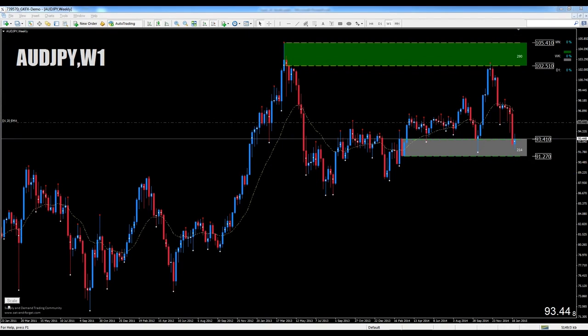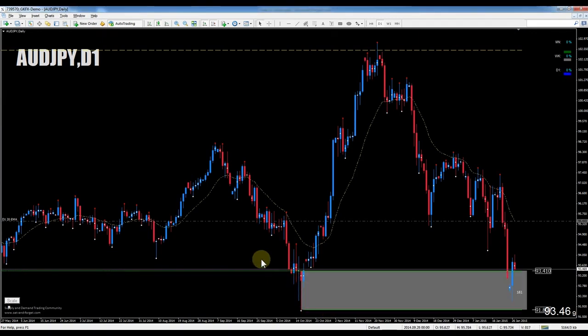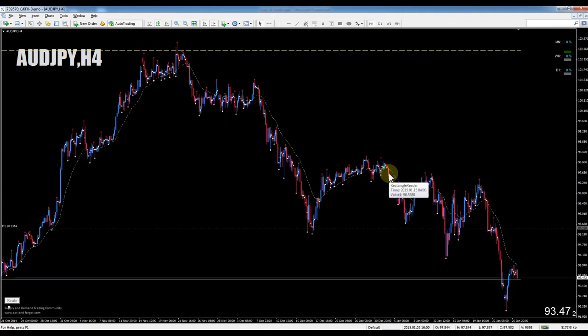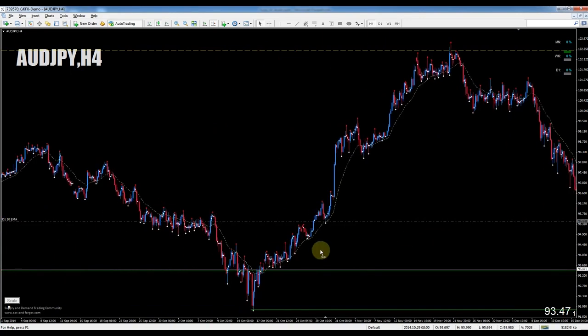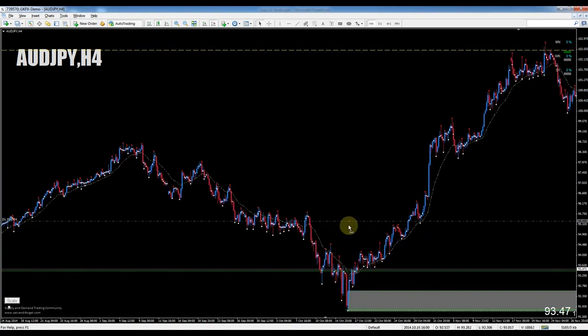When price drops into this area of supply or demand on the weekly, we drill it down and go to the daily and see we have good levels. Yes, we have another level here, spiky, so we have to wait for confirmation as per the rules. Then if we drill it down to the 4-hour, we go back, this would be a nice level. It is well located.